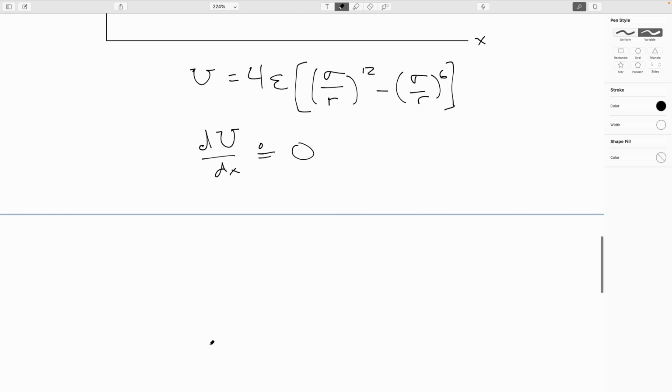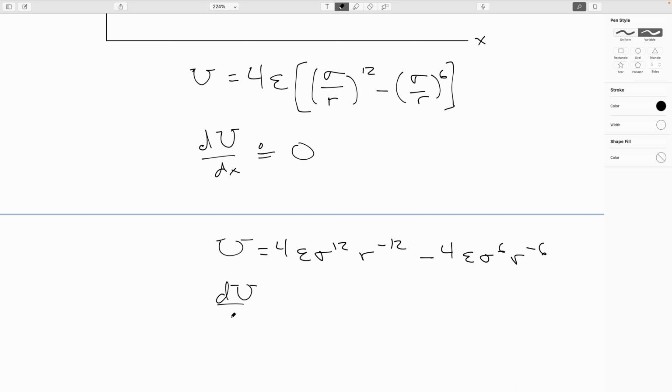So we can go ahead and differentiate this out. It will probably be easier for the moment just to rewrite the potential as 4 epsilon sigma to the 12 r to the negative 12 minus 4 epsilon sigma to the 6 r to the negative 6. Then dU/dx will be, dropping down the negative 12, negative 48, that is 4 times negative 12, epsilon sigma to the 12 r to the negative 13.